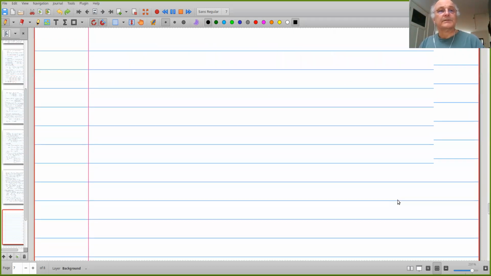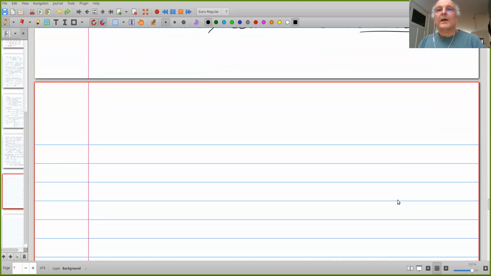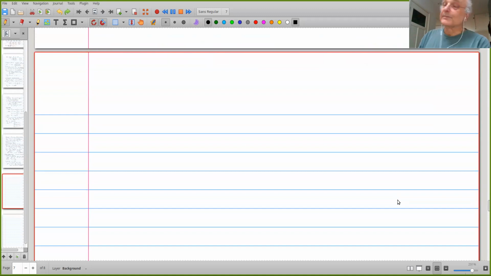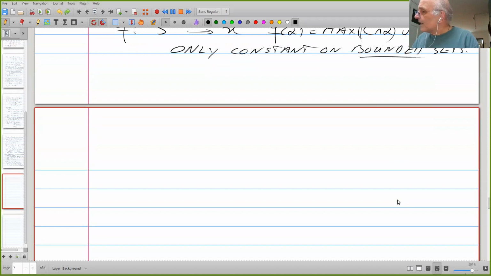Okay, now there is an issue that I've been skating around for a bit, but we'll get to it now. We have seen in the beginning that closed unbounded sets are stationary.